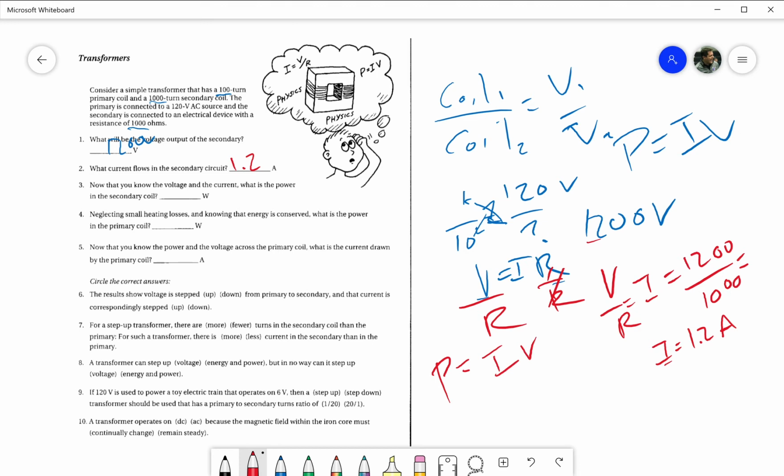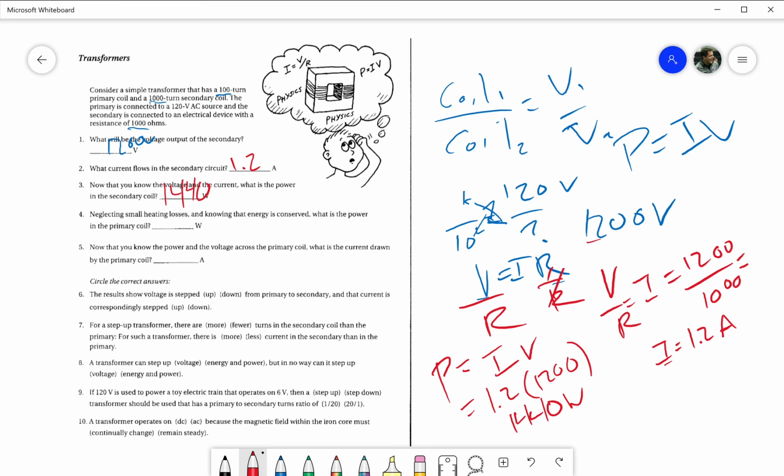Power equals current times voltage, so 1.2 times 1200, and we get 1440. So 1440 watts is the power for the secondary.